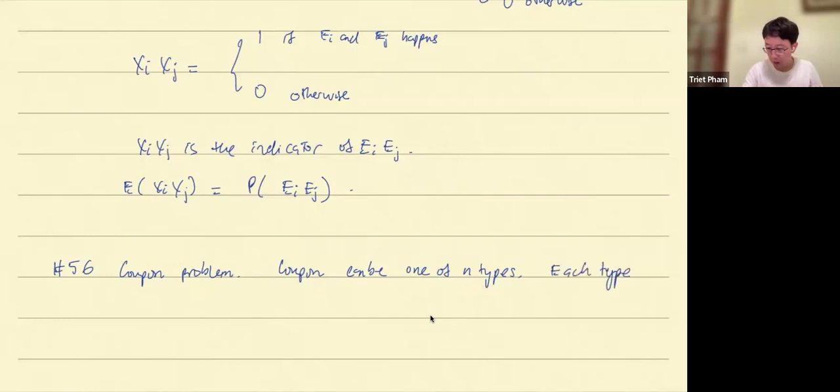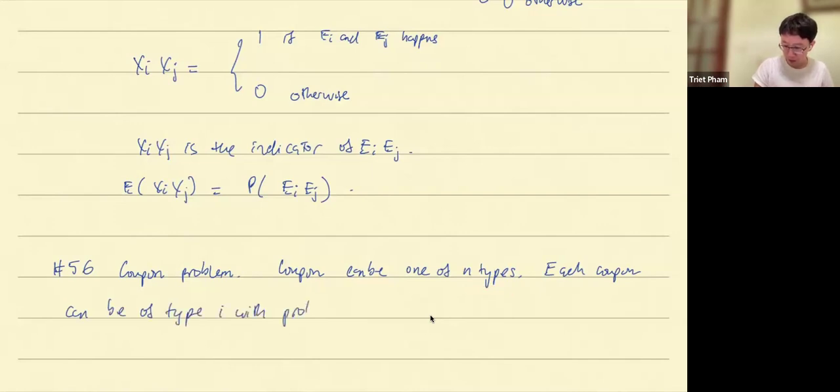Each coupon can be of type i with probability pi, where the sum of pi is 1 when you sum over all the types.